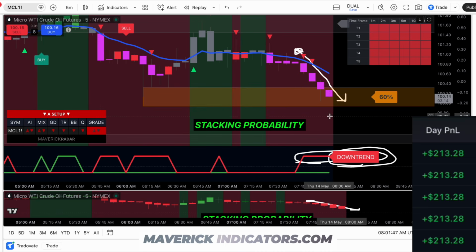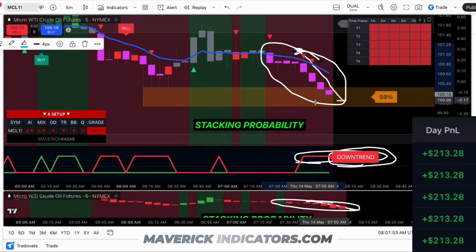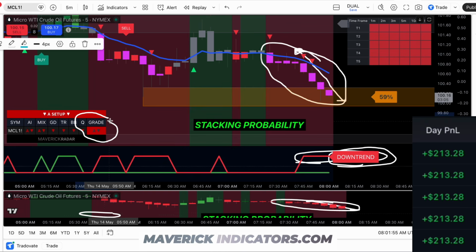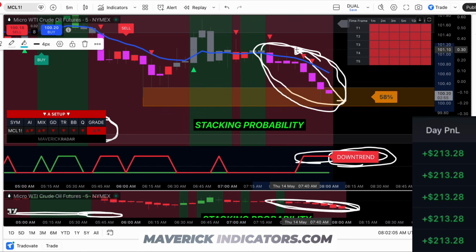If it walks like a duck, it looks like a duck, it quacks like a duck, it's probably a duck. Okay, when you have hot pink candles, when you have an A+ setup to the downside on the Ultimate Trading Assistant, the Maverick Radar, when it's going through our entire checklist and saying, hey buddy, you have an A+ setup to the downside. Hey buddy, you got hot pink candles. If you see pink, it will most likely sink.